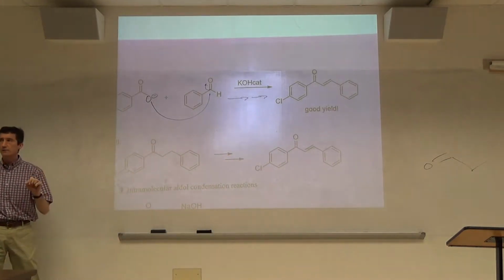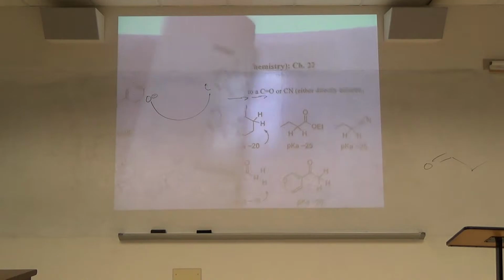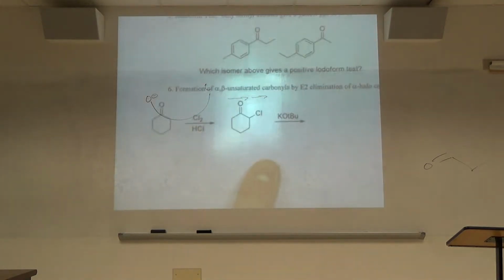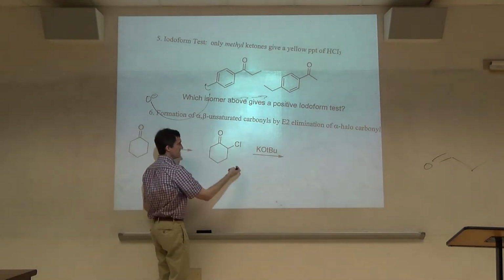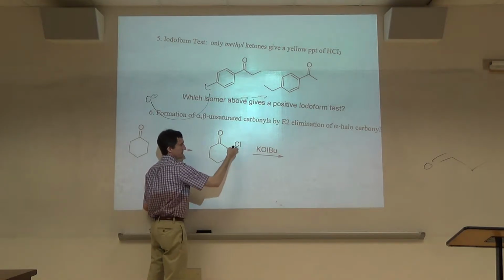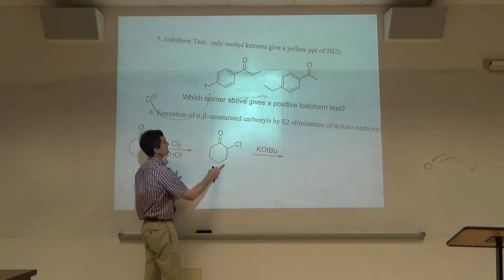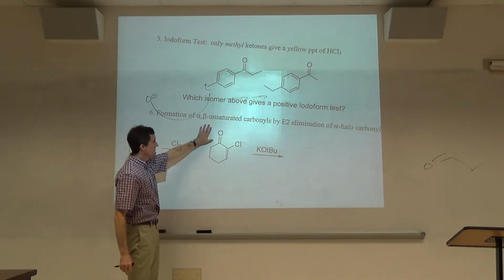This is the second way we've seen to make alpha-beta unsaturated carbonyls. What was the first way we saw? The first way we saw was back over here, where we halogenated and then we removed HCl to put in the double bond. Okay?